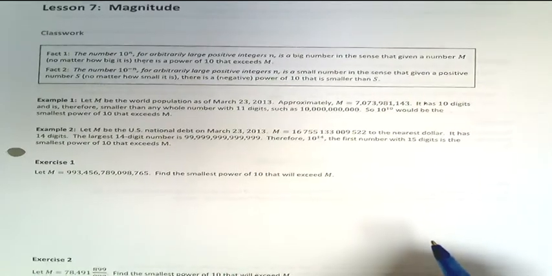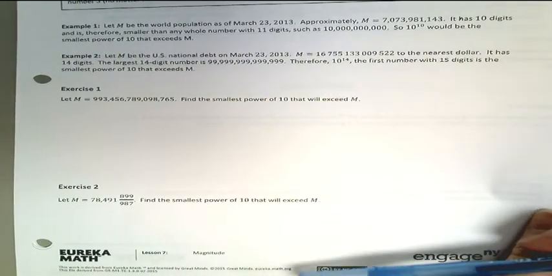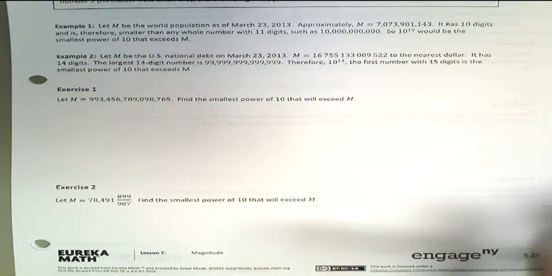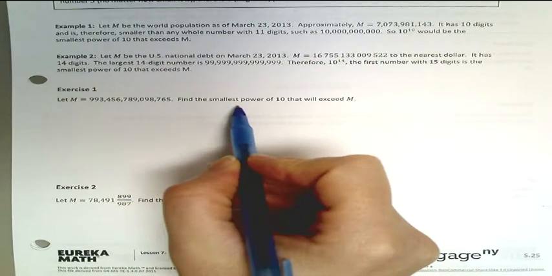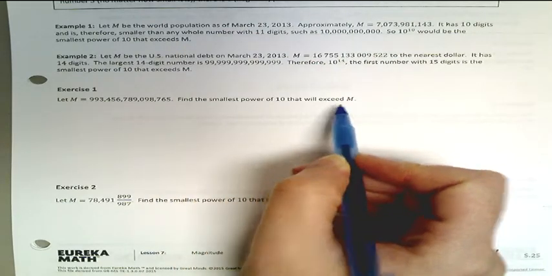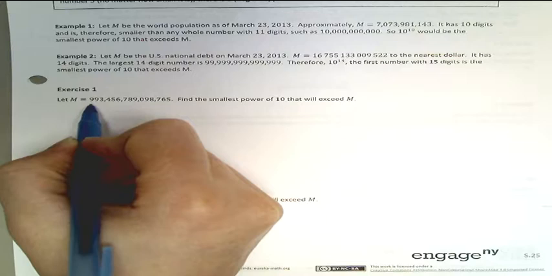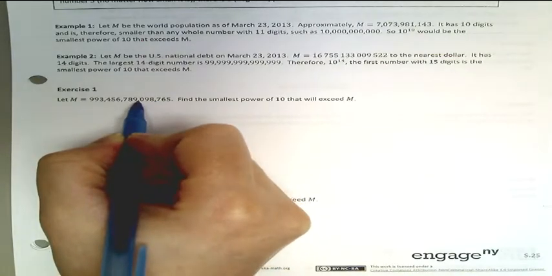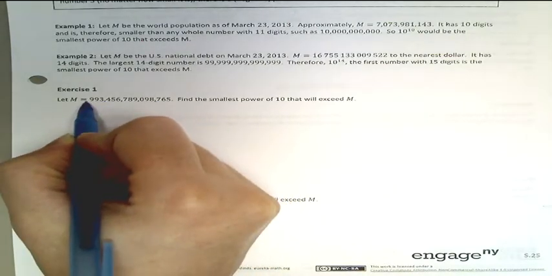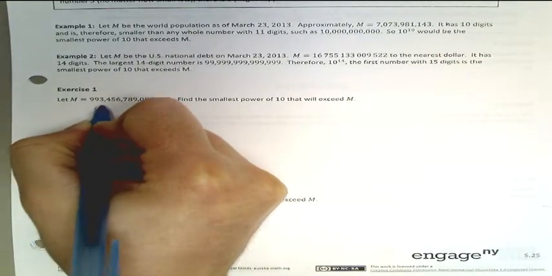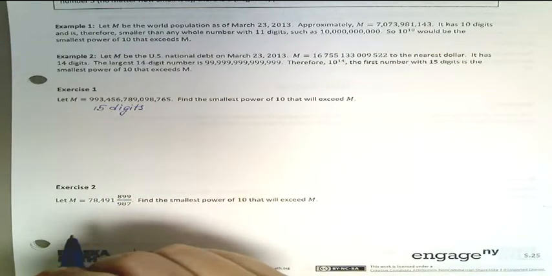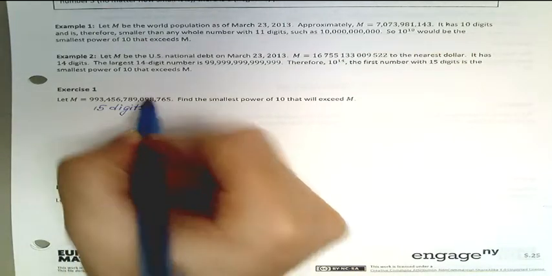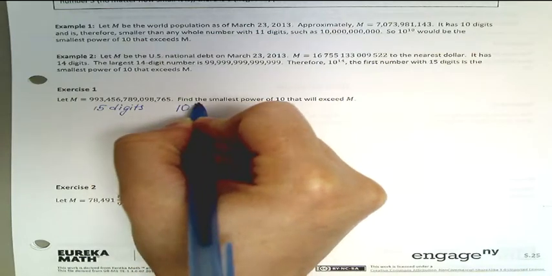So let's take a look at exercise 1. You will see it looks very confusing, but it's not as confusing as you think it is. This is a big number m, and we need to find the smallest power of 10 that will exceed m. So let's count how many digits this big number has. We have 3, 6, 9, 12, 15. This number has 15 digits. The smallest power of 10 that will exceed this number is going to be 10 to the 15th.